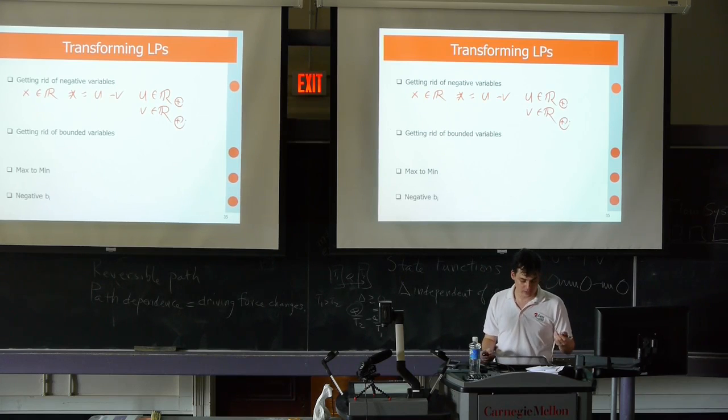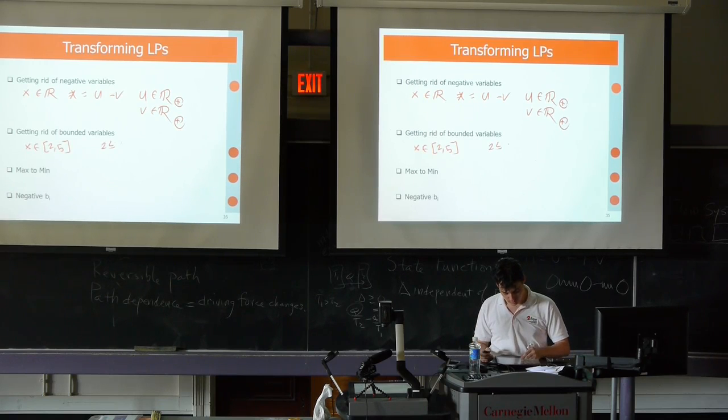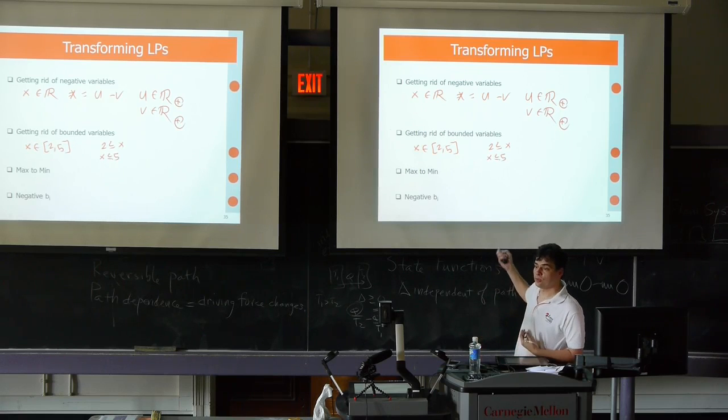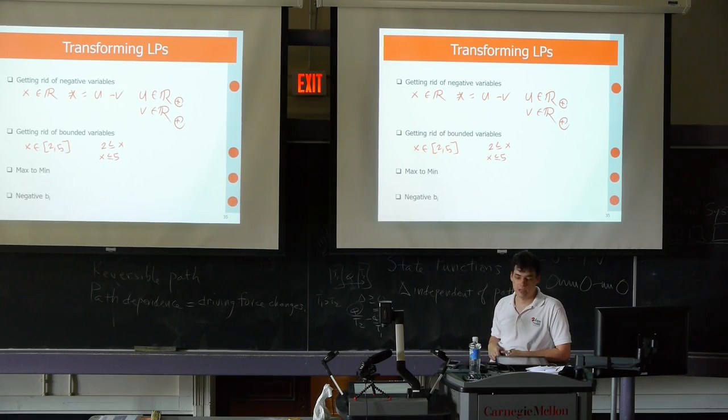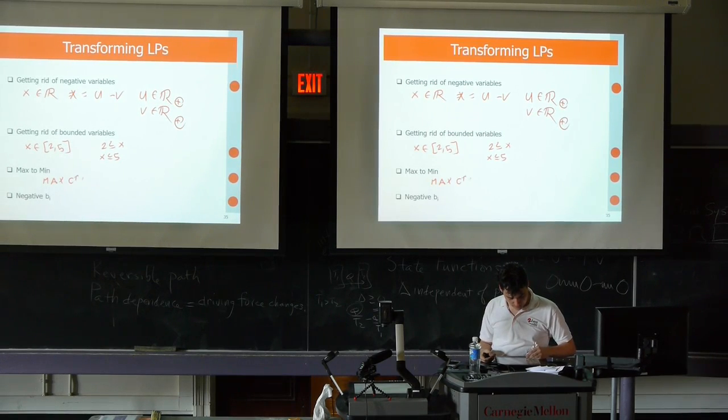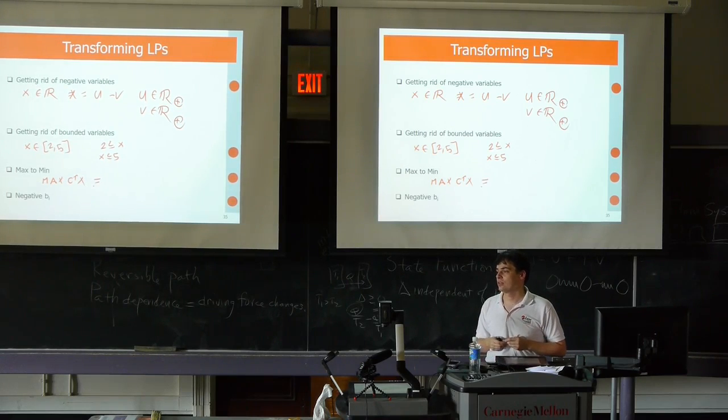Okay, how can we get rid of bounded variables? For example, if I have x in the interval between 2 and 5, well, I can just add this to the matrix A. Okay, if I have to calculate the maximum of c transpose x, but I can solve only minimization problems, what can I do?